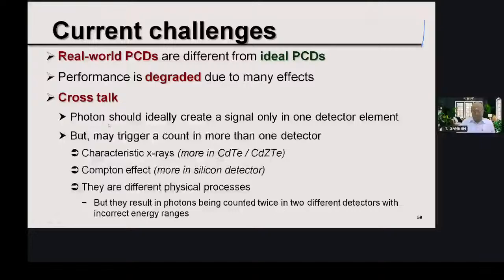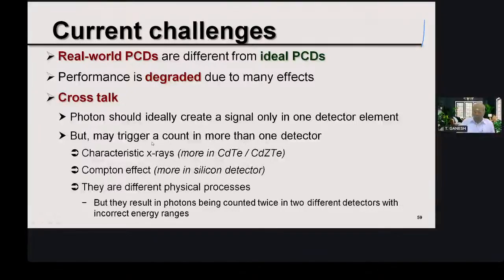Now, ideally, a photon that falls at a particular spot just above a pixelated anode should produce only one signal in the detector element defined by that pixelated anode. But actually, it may trigger a count in more than one detector, not just in the detector element directly below the interaction spot.